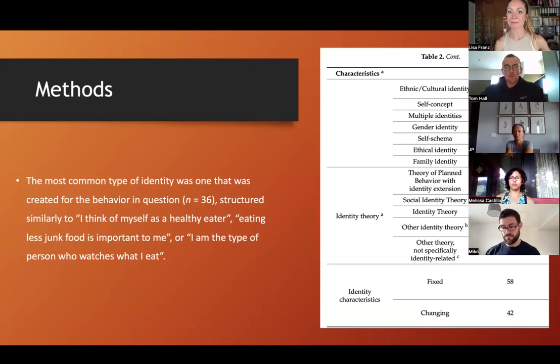Other characteristics mentioned in the studies were cultural identity, or what kind of self-concept do you have, that kind of stuff, and not so much about family identity or ethnic identity, really. And then they also classified what identity theory was mentioned in whichever study.